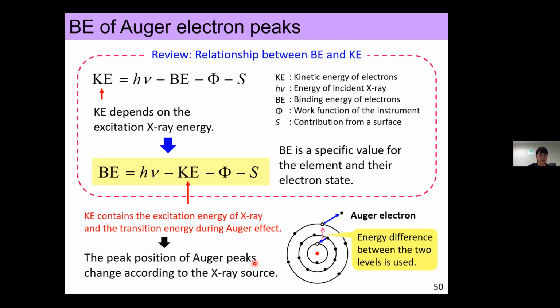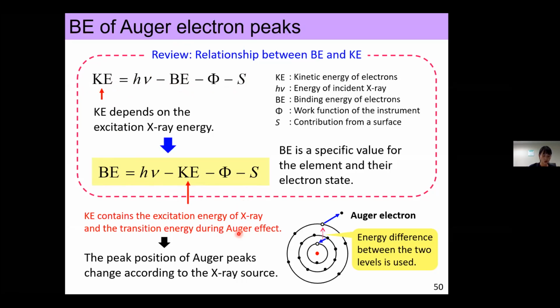So unlike the binding energy of photoelectrons, KE of Auger electron peaks change depending on the excitation X-ray energy. Here I show the relationship between BE and KE again. So KE depends on the excitation X-ray energy. Therefore, we plot BE, which can be described by this equation, in XPS spectra.